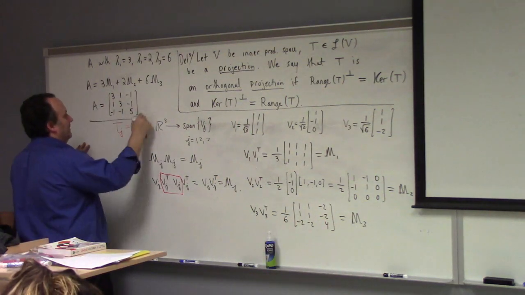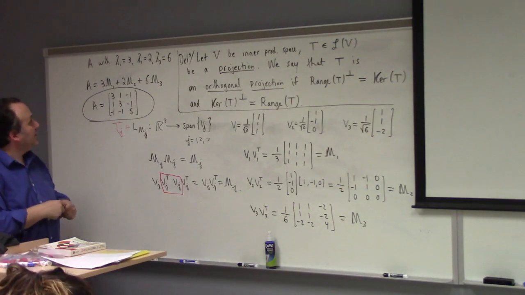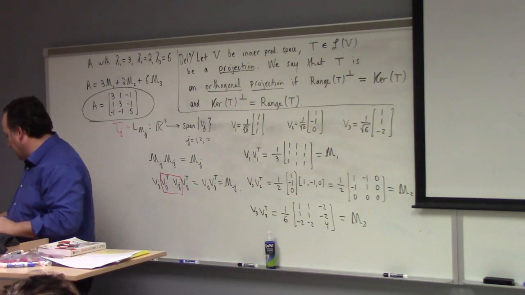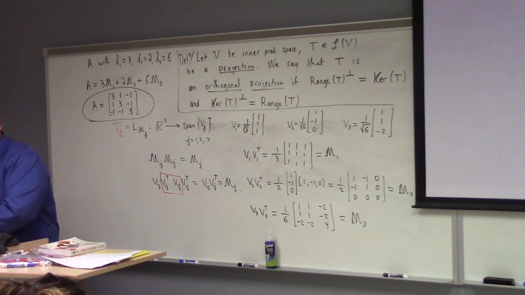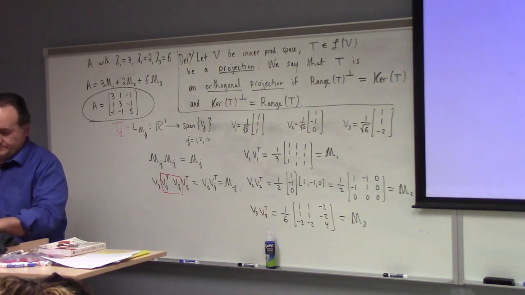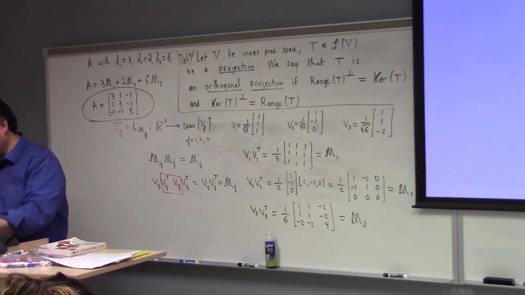My claim: this matrix has eigenvalues 3, 2, and 6, and the eigenbasis is the one that we just reverse engineered into these projection operators. What do you think? Is it going to work?